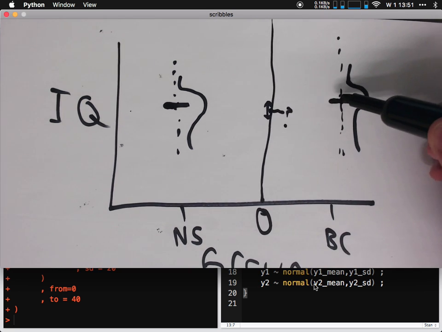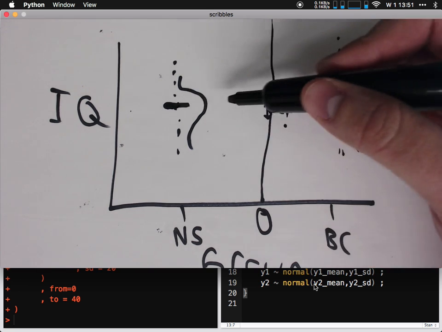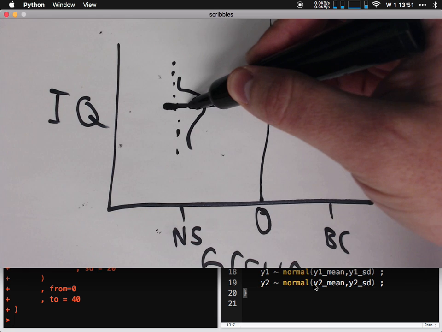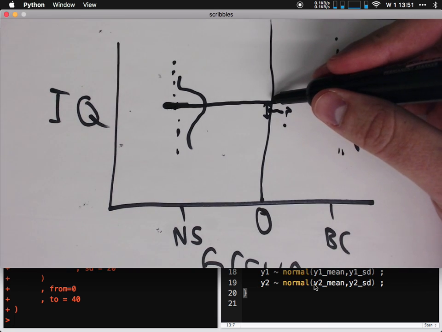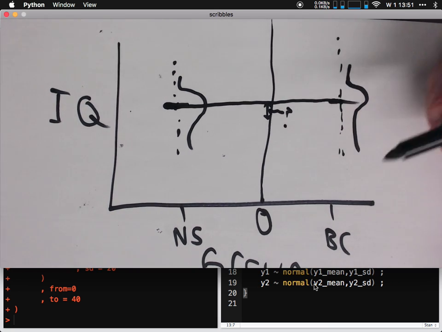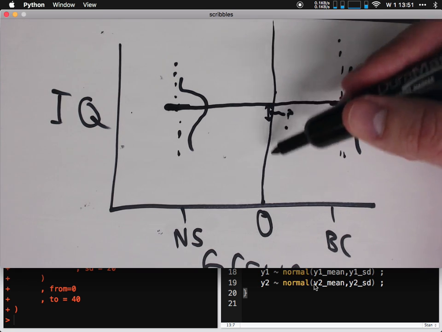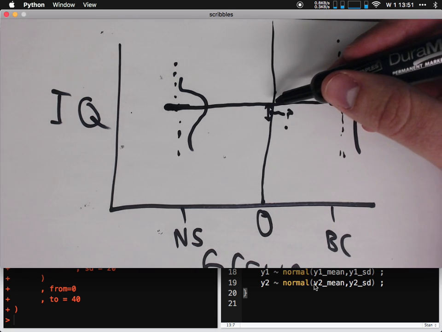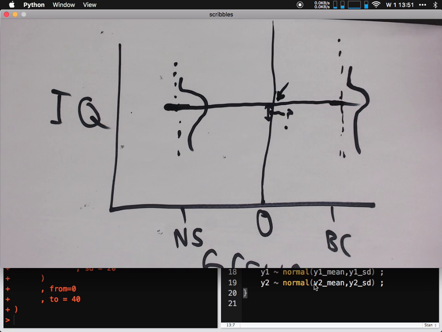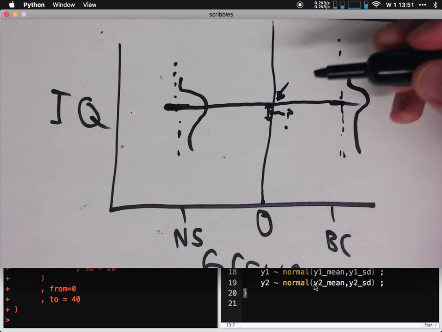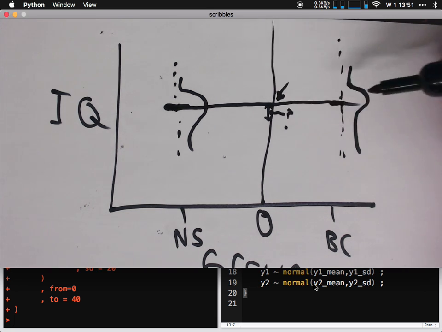If you connect these two means by a line, the point where it crosses is the midpoint between the two groups, and it's also the midpoint on the y-axis between the two groups. In terms of high school geometry, the point where the line crosses y equals 0 is the intercept.